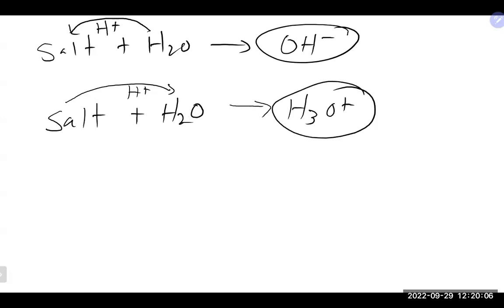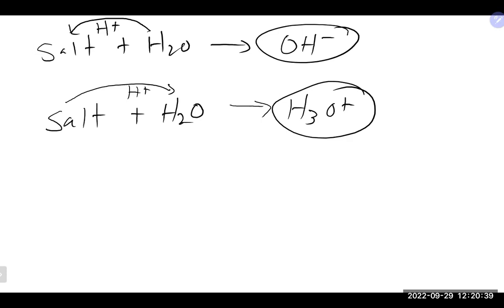So if we come across a salt that is considered strong, and by the way, the strongness there is not like a strong acid or strong base, but relatively strong in the sense that it will continue to react with water, it could produce hydroxide or produce H3O plus. And why would either one of these reactions be important? What would it do to our solution? When you make OH minus, what type of solution are you probably dealing with?